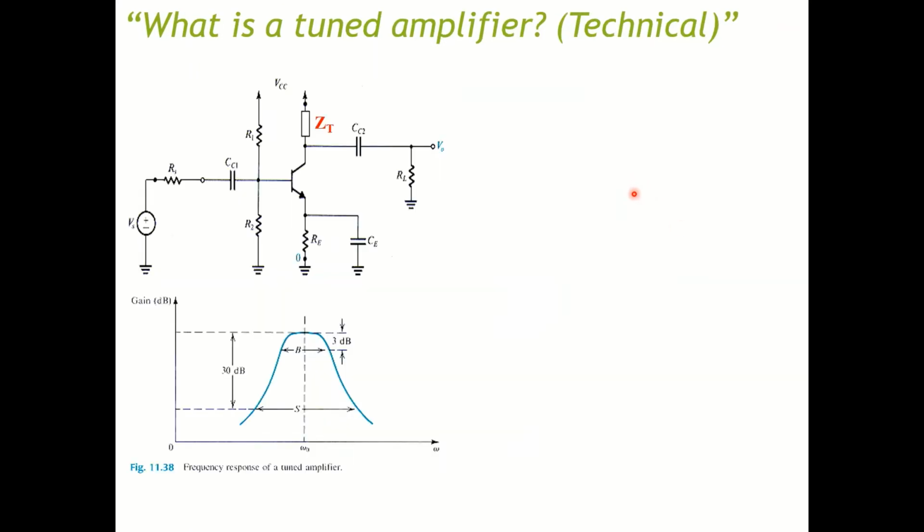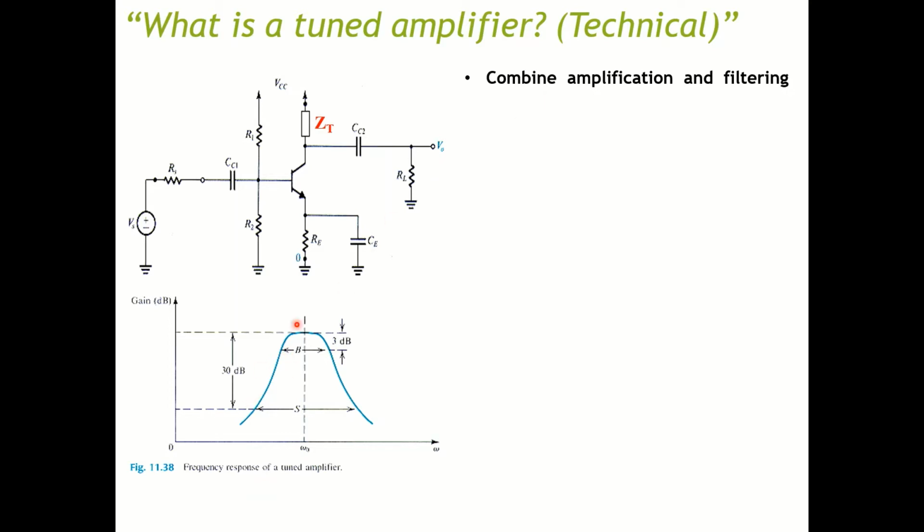So in technical terms, I give you an example here of a typical CE or common emitter amplifier, a mid-band amplifier with a tuning circuit that is coupled at the load. So the definition is a tuned amplifier combines amplification and filtering.